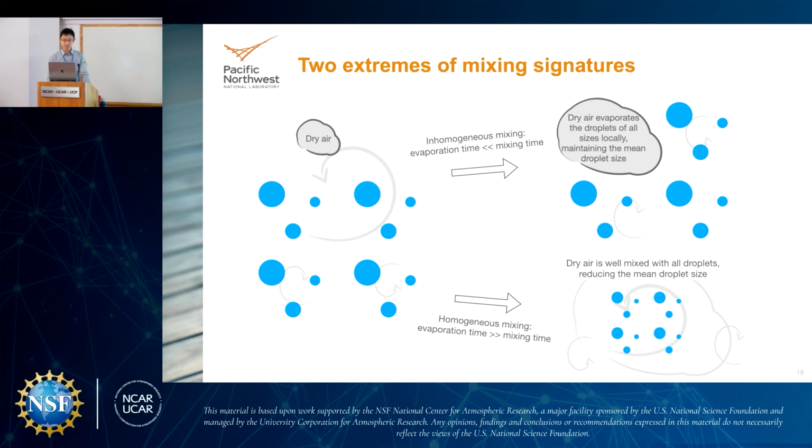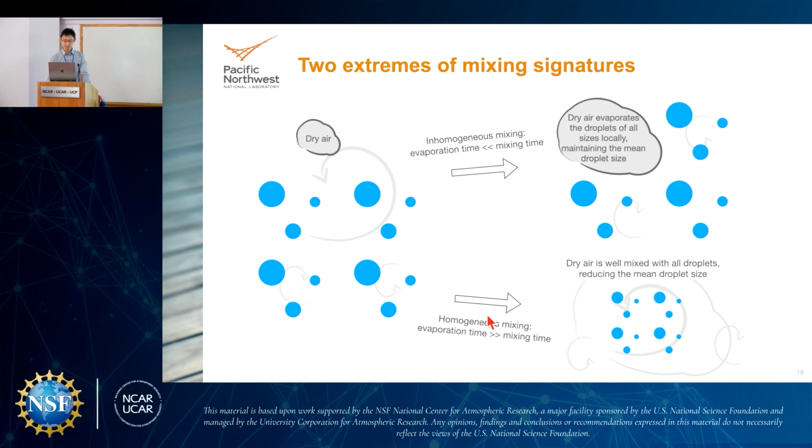We are exploring two mixing signatures, two extremes. The first one is called homogeneous mixing, where the evaporation time is much shorter than the mixing time. So when dry air is entrained into the cloud, it will evaporate the cloud droplets of all sizes locally. And if we measure the statistics of the cloud, we'll see that the liquid water content reduction is reflected in the reduction of number concentration, not in radius.